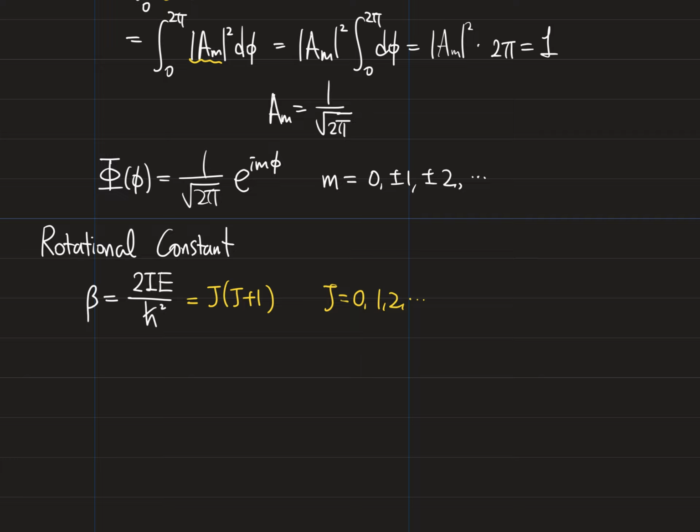And for now, we just accept that, okay? From this relation, you may notice that the energy value is also quantized, right? So the energy level EJ is given as h bar square divided by 2I times J times J plus 1.